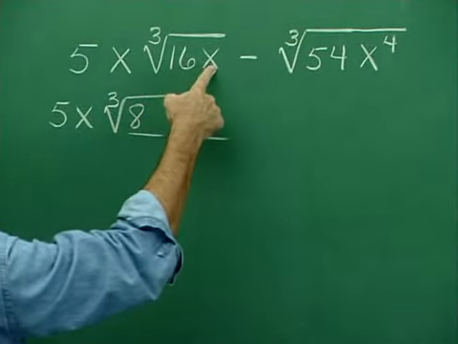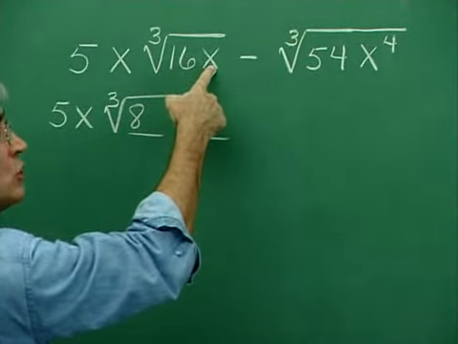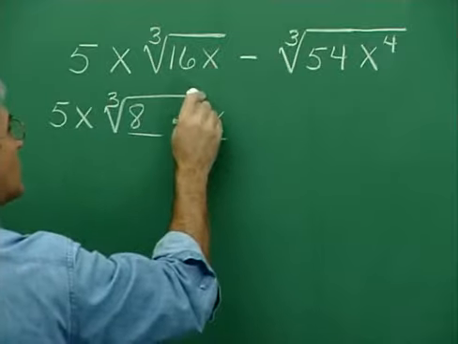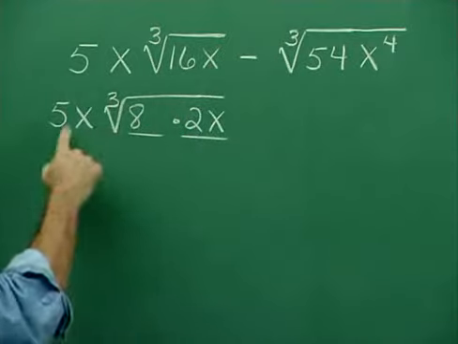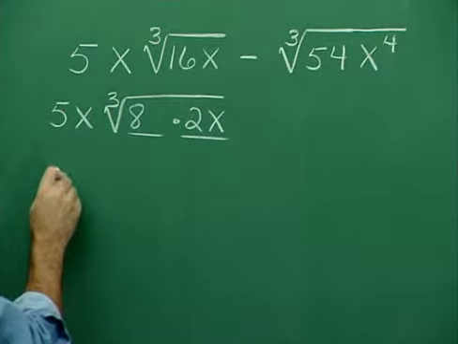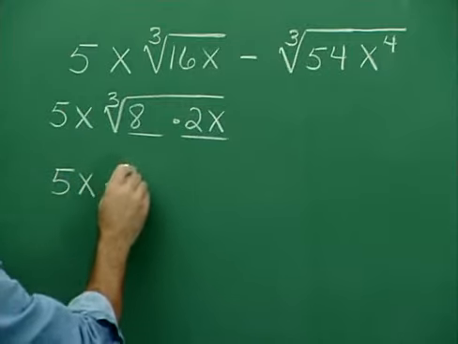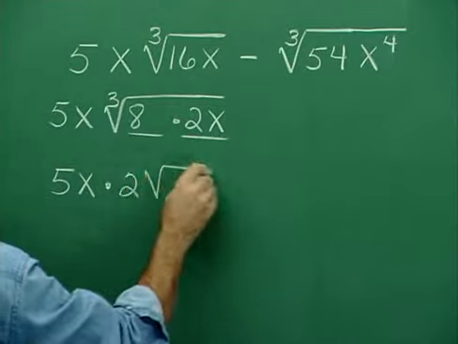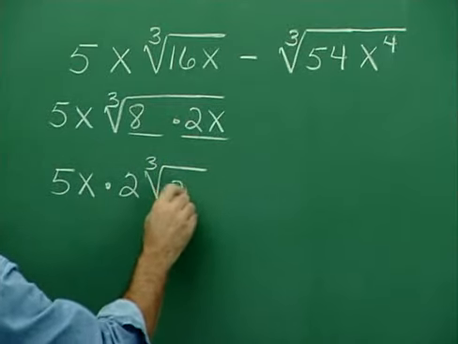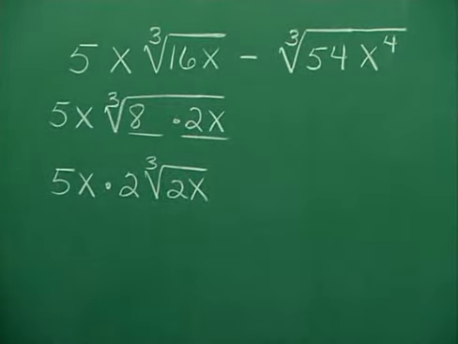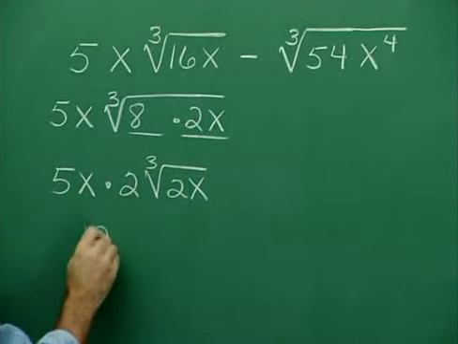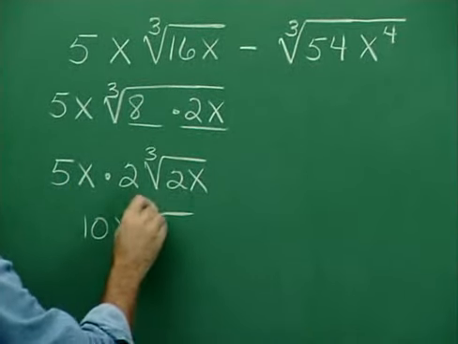And the largest cube in x, there aren't any cubes in x, so we put that x factor over here. Now let's again stay with this term until we have it in simple form. We have 5x times the cube root of 8 gives us a 2 factor outside, and left under the radical will be the 2x. Now, the 2 times 5 is 10, so we have 10x times the cube root of 2x.